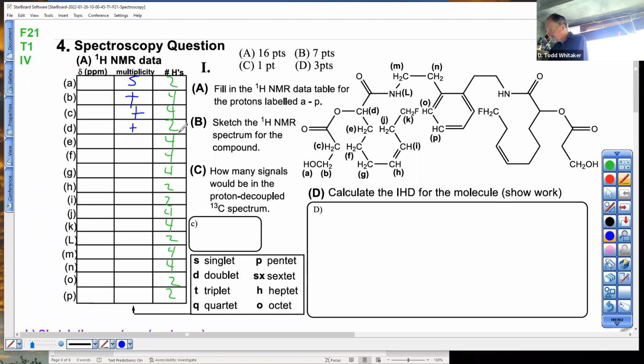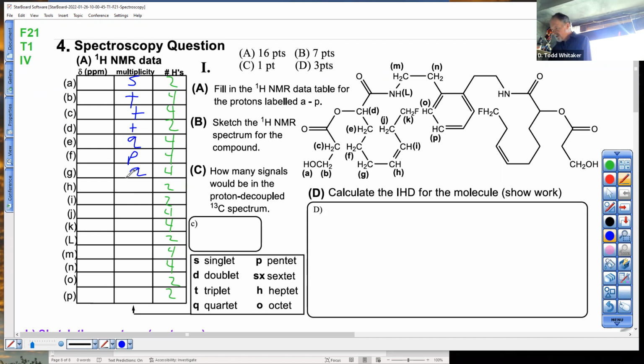E, 1 neighbor upstairs, 2 more downstairs. Total 3. 3 plus 1, quartet for E. F, 2 neighbors upstairs, 2 neighbors downstairs. 4 plus 1, pentet. G, 2 neighbors called F, 1 more called H. That's a total of 3 plus 1 is Q.